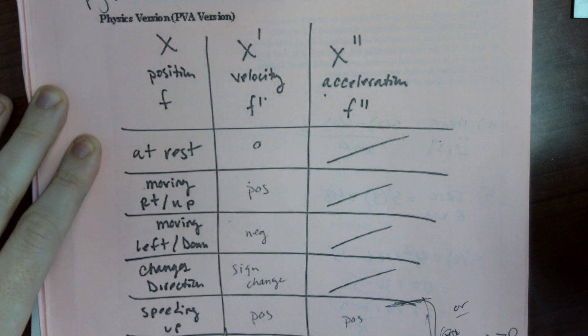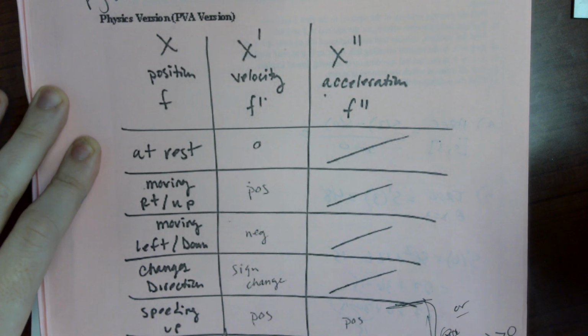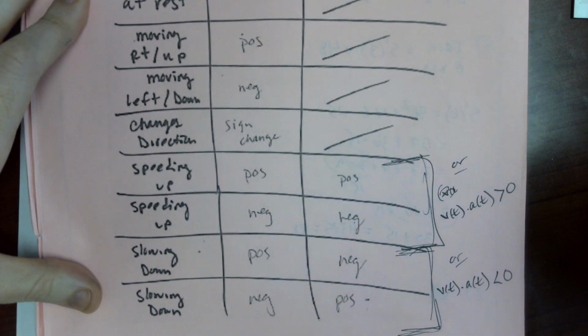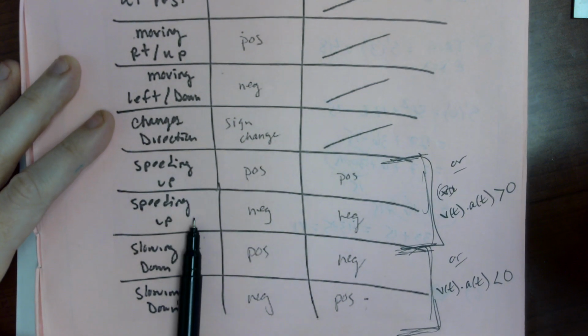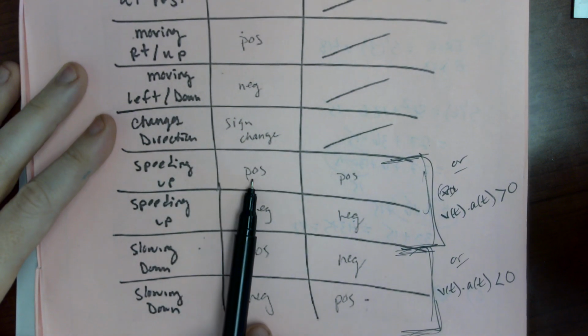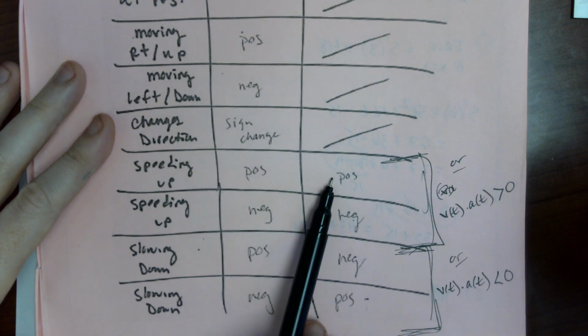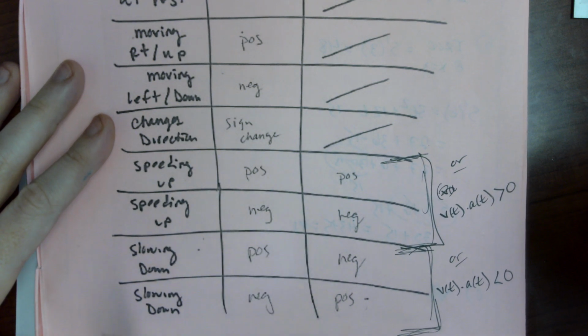All right, page 31. This has a bunch of information about velocity, acceleration, and position. Down at the bottom here, I just want to focus on this for a moment. Speeding up: a particle is going to be speeding up if its velocity and acceleration are either both positive or both negative.